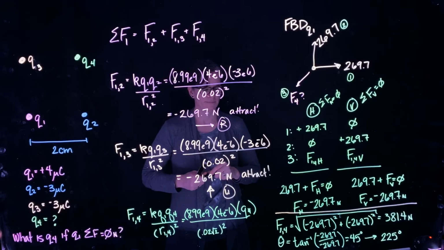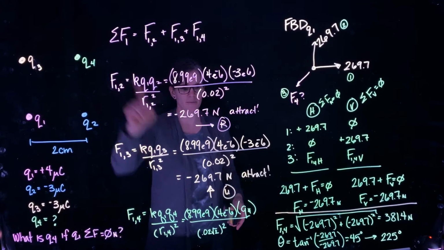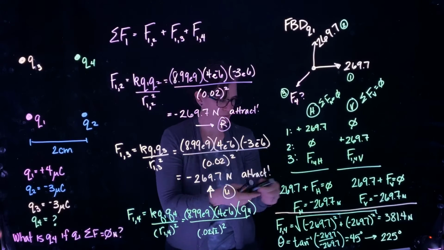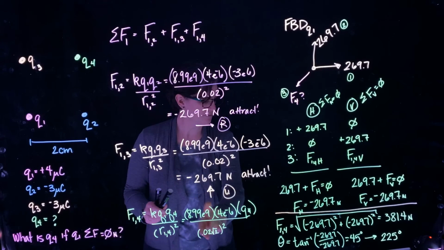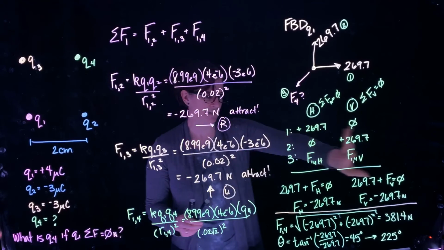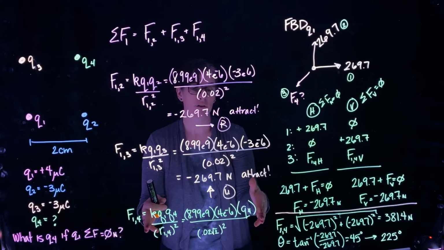So force 4 is acting at 225 degrees. All right. Still don't answer the question yet. We want to know what is the charge on object 4. So force 4 right here is where we ended and went to this analysis. This gives me the magnitude of the force.